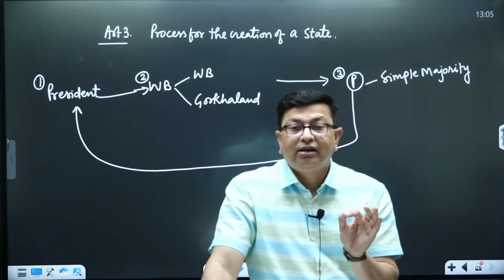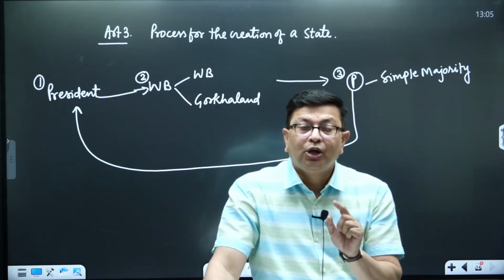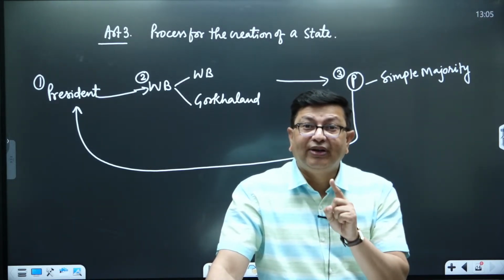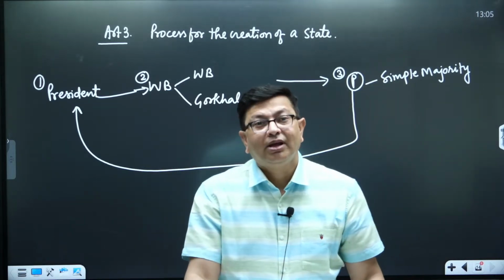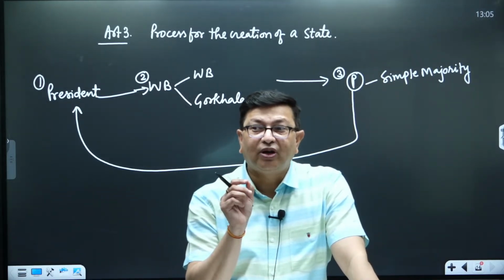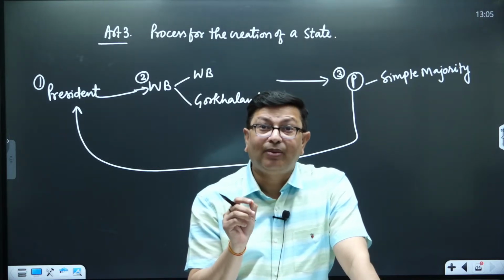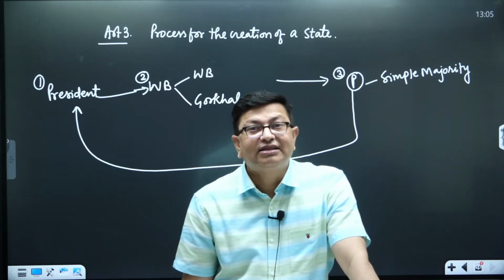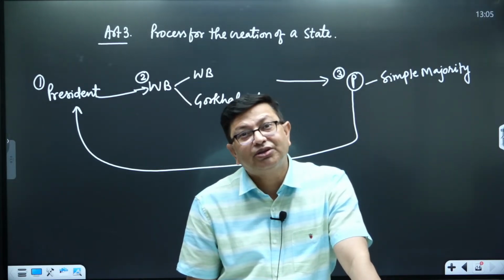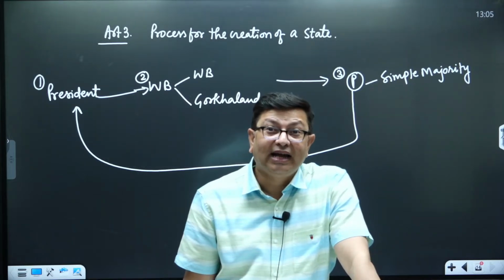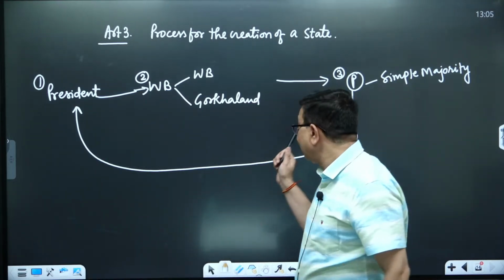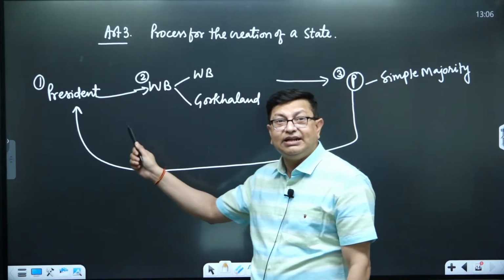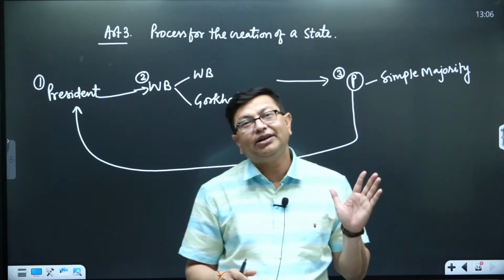But before that, the president has to send the bill to the concerned state legislature for its views to be given within a specified time. After the lapse of the time frame specified by the president, it will be assumed that the state legislature has given its views, and then the parliament will pass the bill by a simple majority, and after the president's assent, a new state is created.